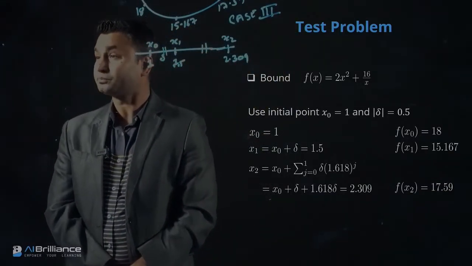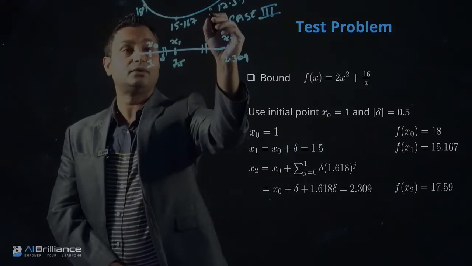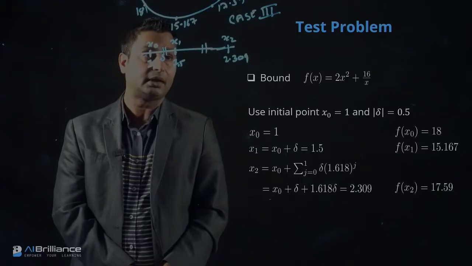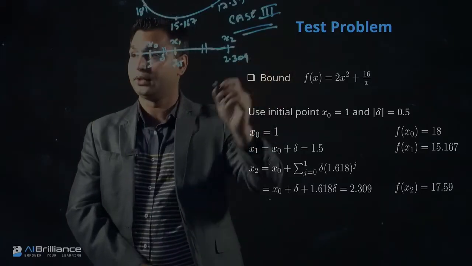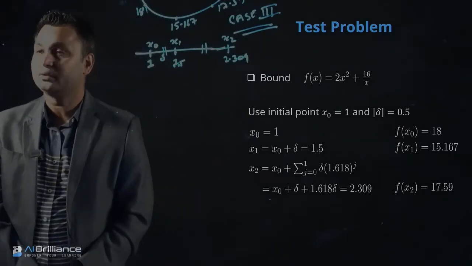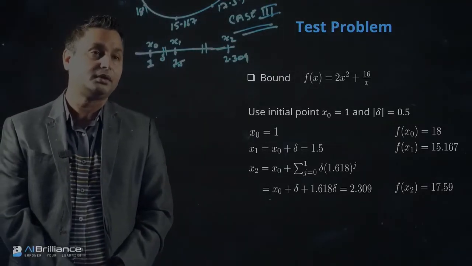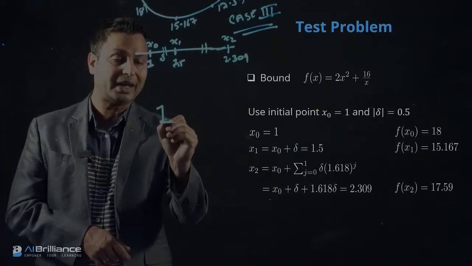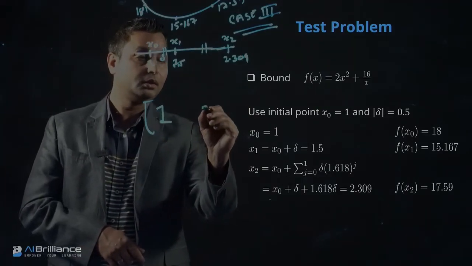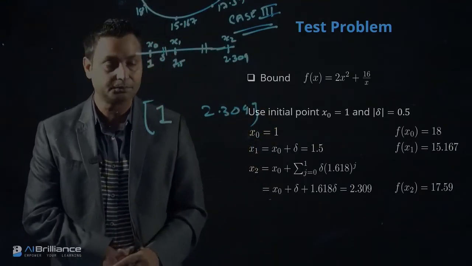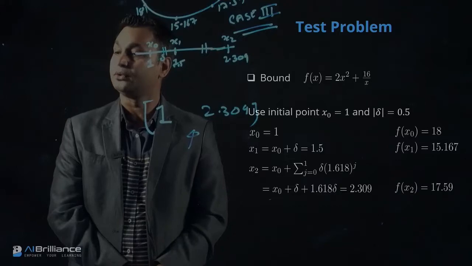In this case, the function values are lying at 3 different locations. So we belong to case 3, and we have found the interval where the optimum is bracketed, and in that case our bracketing solution will be 2.309, because that's within this interval where the optimal solution is going to lie.